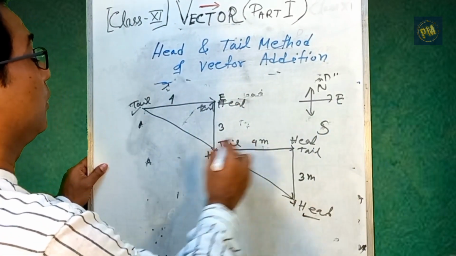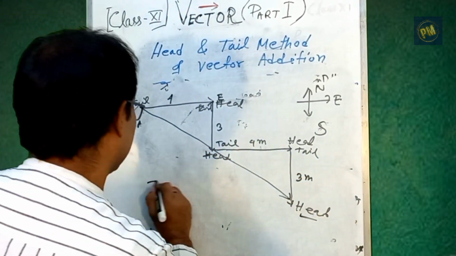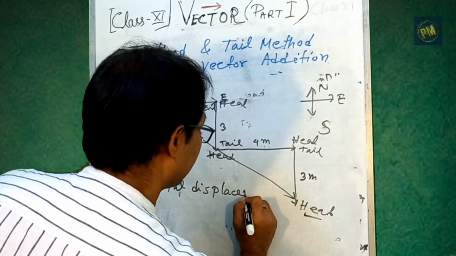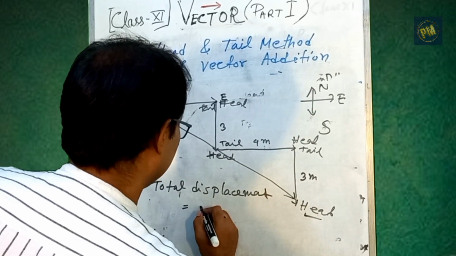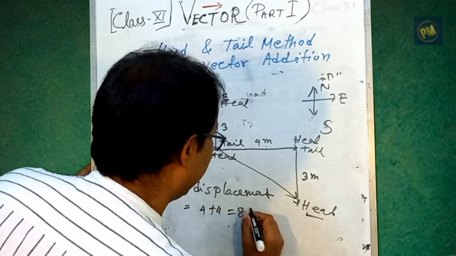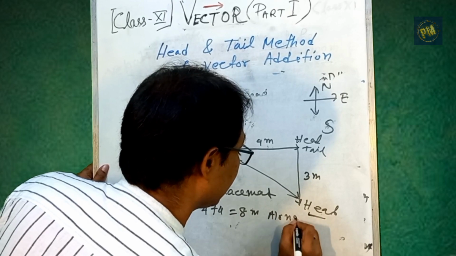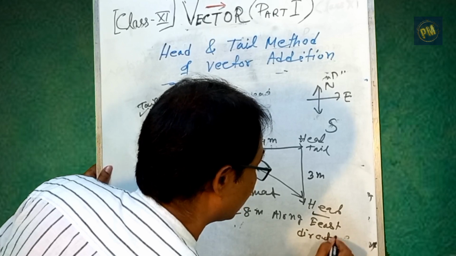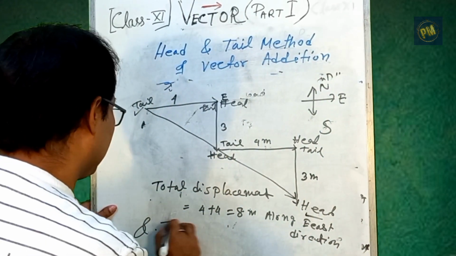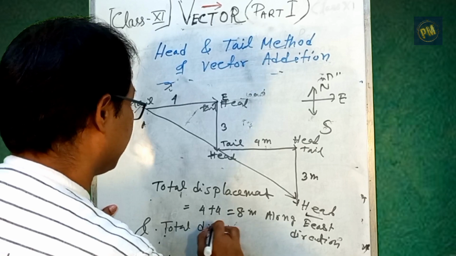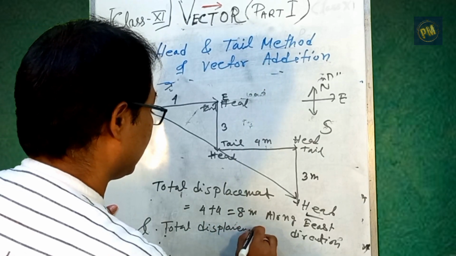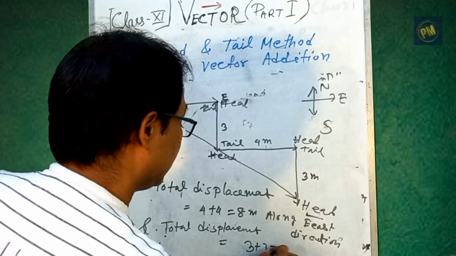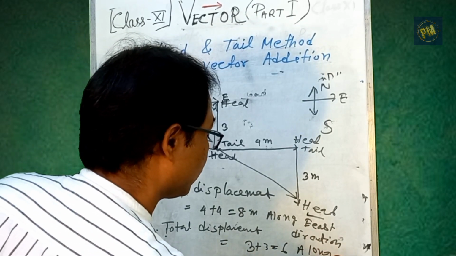So in the east direction 4 and 4, so total displacement is equal to 4 plus 4 is equal to 8 meter along the east direction, and total displacement is equal to 3 plus 3 is equal to 6 along the south direction.